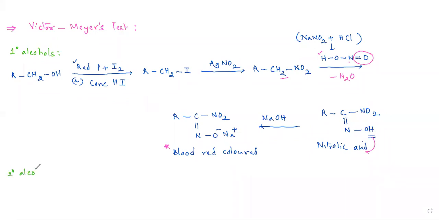Coming to 2-degree alcohol. Almost the same steps, except the last one. Look at what happens. R, CH, R dash, OH, 2-degree. With the red phosphorus and iodine, or concentrated hydrogen iodide.